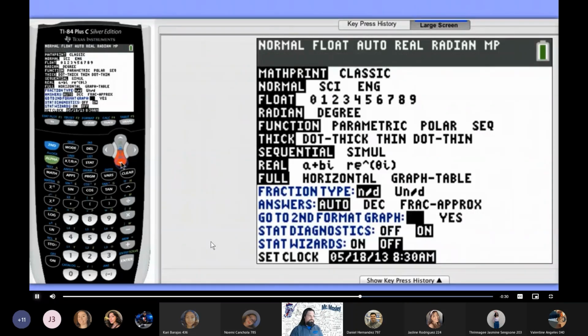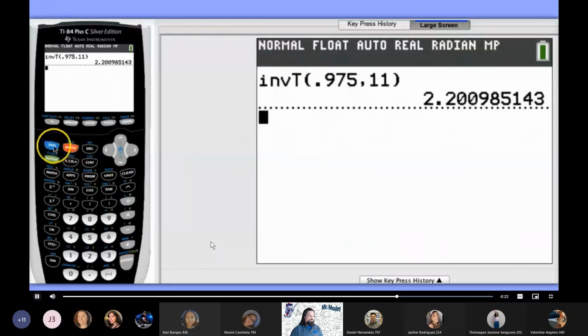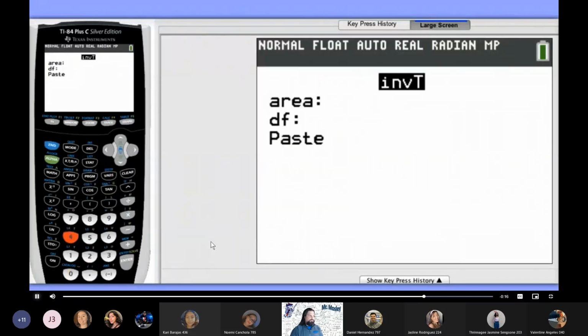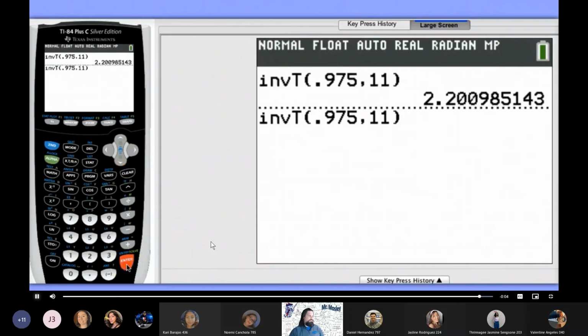To turn the stat wizard on, you'd hit mode, come all the way to the very bottom and choose on. Let's run that command again. Second, distribution, inverse T. Notice a template is here for us. I enter the area and the degrees of freedom and choose paste. I don't have to remember the command structure if I have my stat wizard turned on.